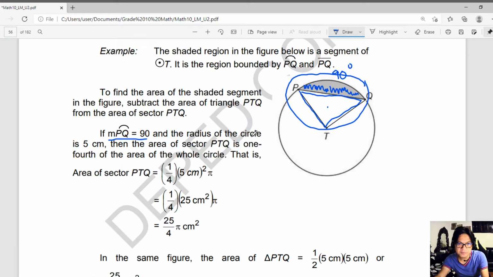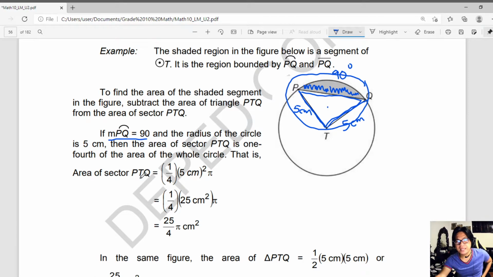The radius of the circle is 5 cm. This one is 5 cm, and since this is also a radius, they are the same, 5 cm. So that is the area of sector PTQ.